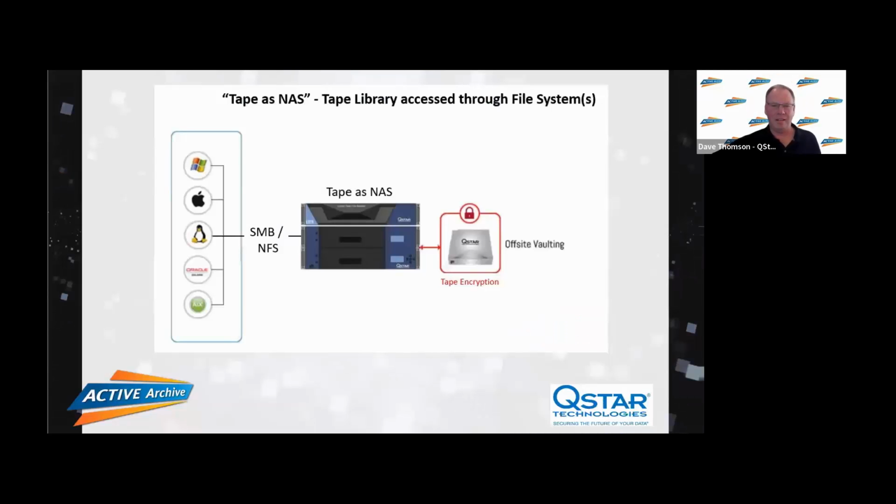Thank you, Ken. Yes. Look, I just wanted to start off with a recap of where we all came from, really, as software vendors working in the active archive space. So we work with this term tape as NAS, where we present tape libraries and, of course, other archive storage technologies as well through an SMB or NFS interface. So providing a file system, a NAS style approach to storing content for long-term archive.